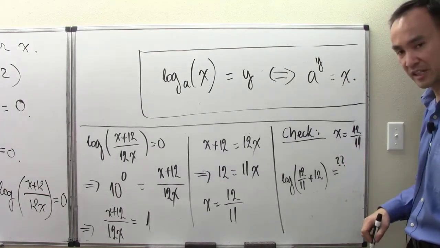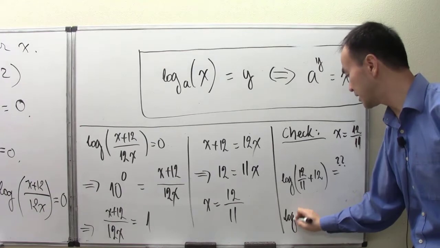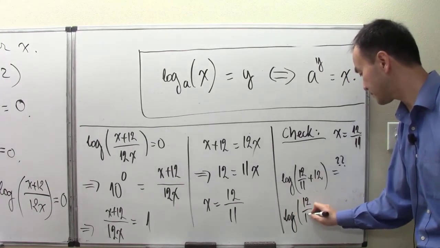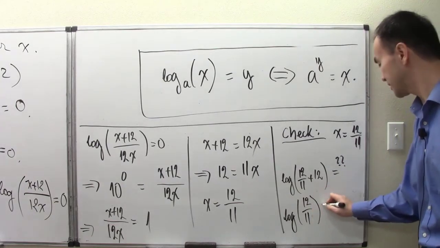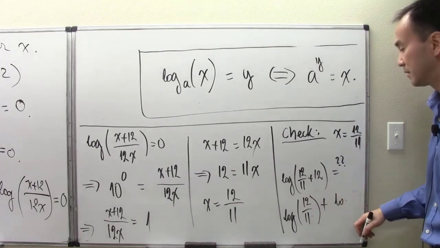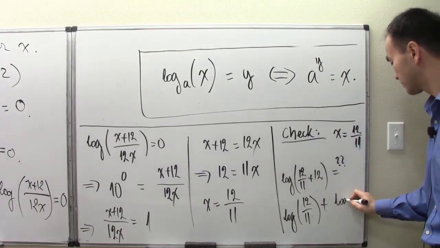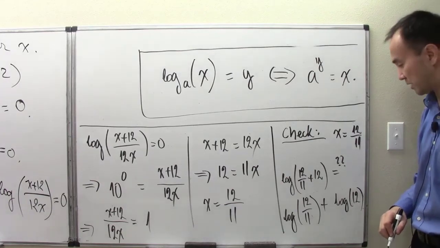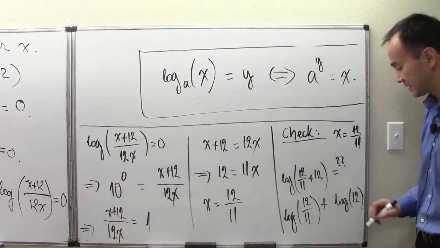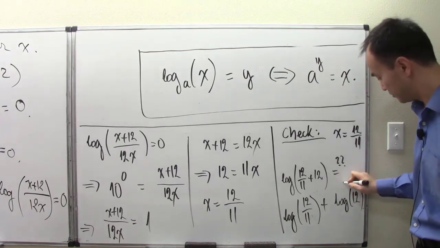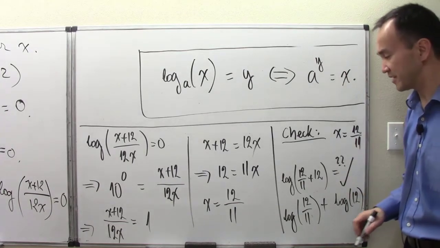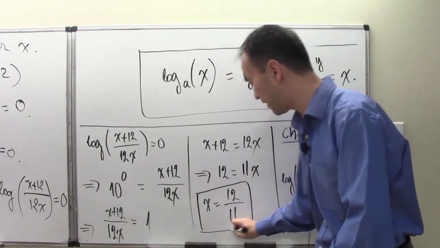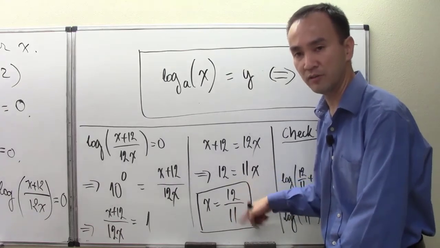I want to find out if it's equal to the right-hand side, log base 10 of 12/11 plus log base 10 of 12. And yes, this will equal. So I put a check here. Now this solution is not only a tentative solution, it's a final solution: x = 12/11.